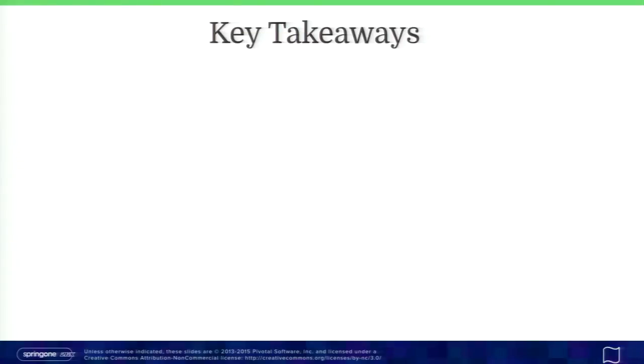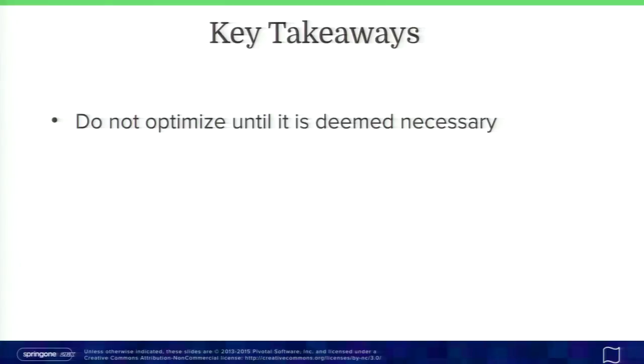So, my key takeaways here. We've talked a lot today about optimizations. And you might want to go back and run all these flags on your application and start changing your code, get rid of all these types and so on. But I want to remind you that you don't want to optimize until it is deemed necessary, right? Most of our JVMs today are network bound.